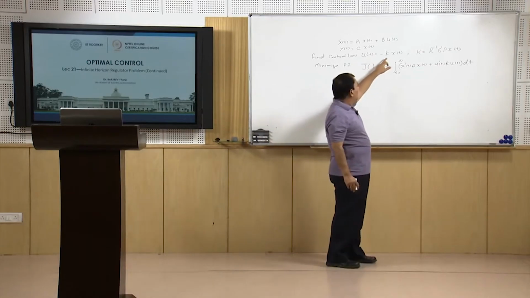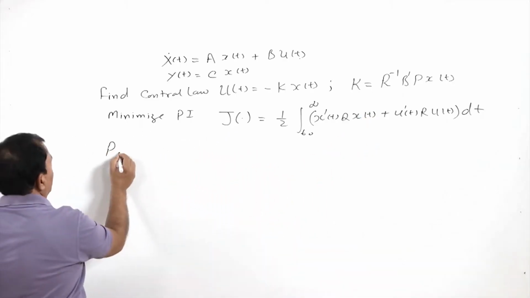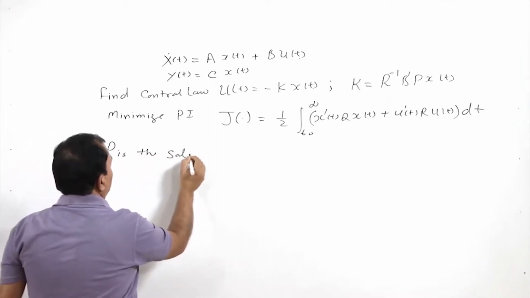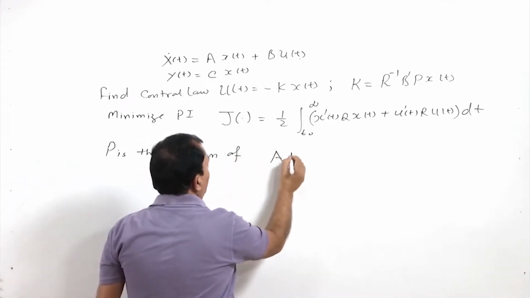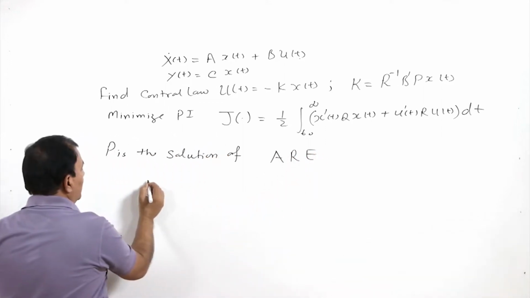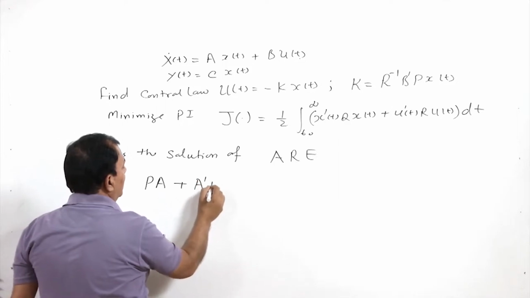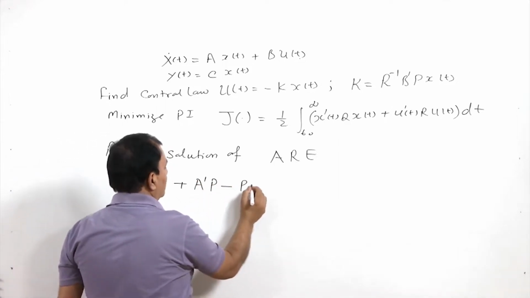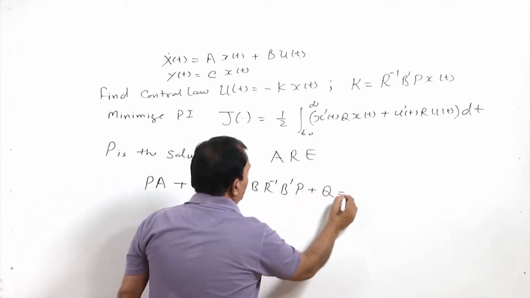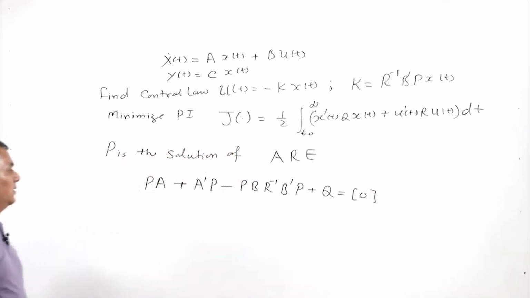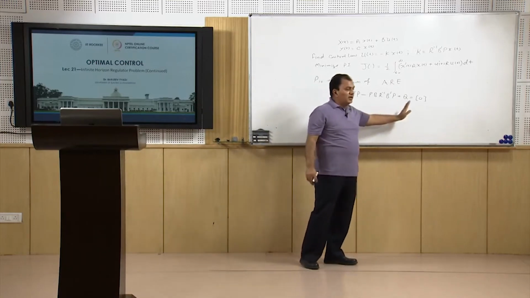We have to find the control law u equal to minus Kx, where K is R inverse B prime P x t, and P is the solution of the algebraic Riccati equation, which is P A plus A prime P minus P B R inverse B prime P plus Q equal to a null matrix, depending upon the size of the P. So, this is my algebraic Riccati equation which we have to solve.